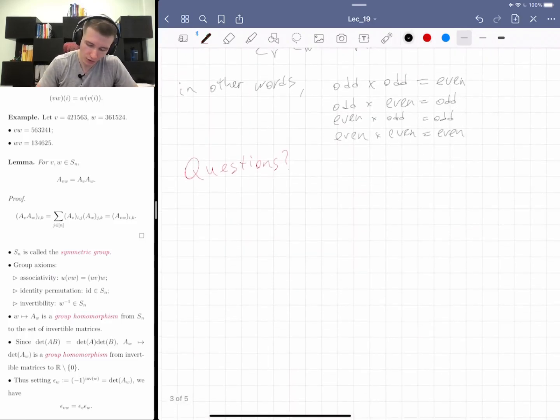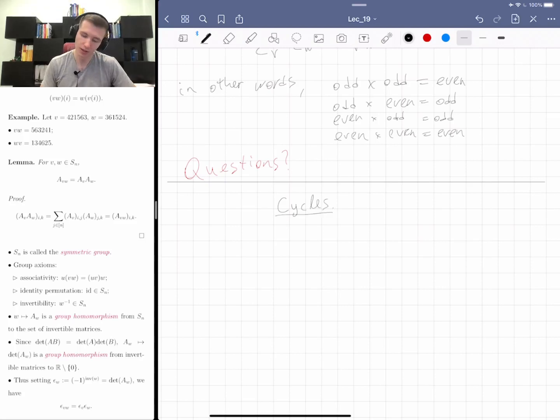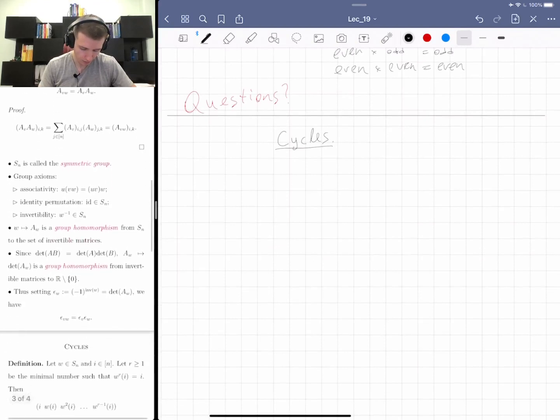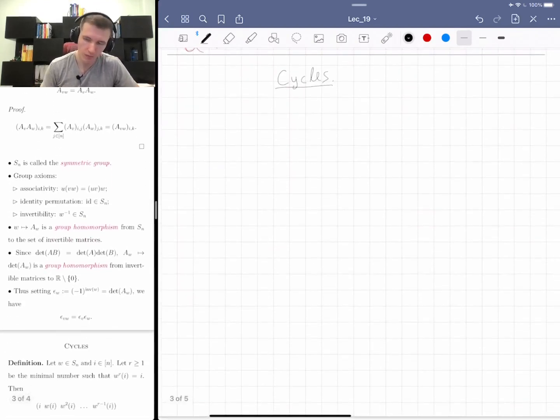Now let's talk about cycles, which is another very nice way to think about permutations. Definition: let's say you take a permutation W in Sn, and you choose some number I between 1 and n.